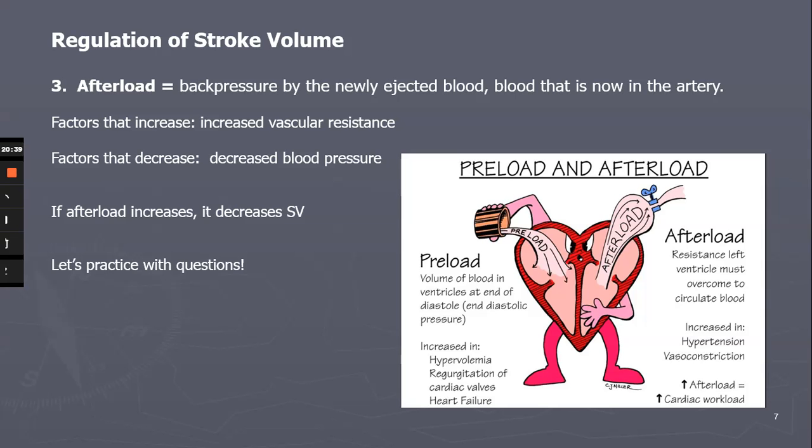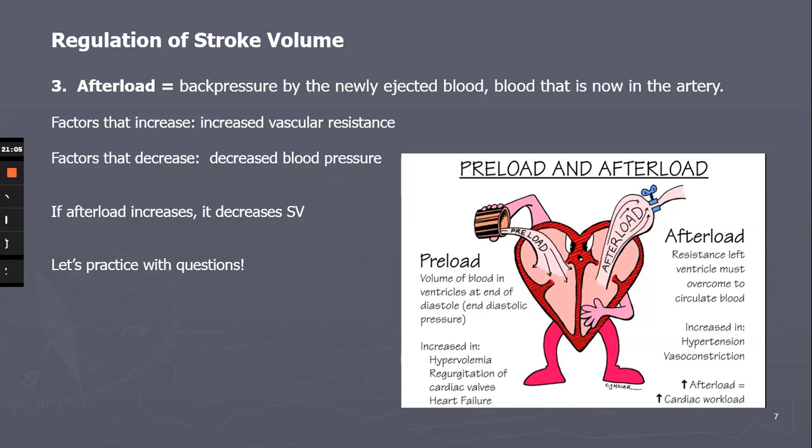If you increase afterload, you're going to decrease your stroke volume, the amount of blood that got moved. So I'm going to say that again. If you increase afterload, you're going to decrease your stroke volume. If you decrease your afterload, you can increase your stroke volume.